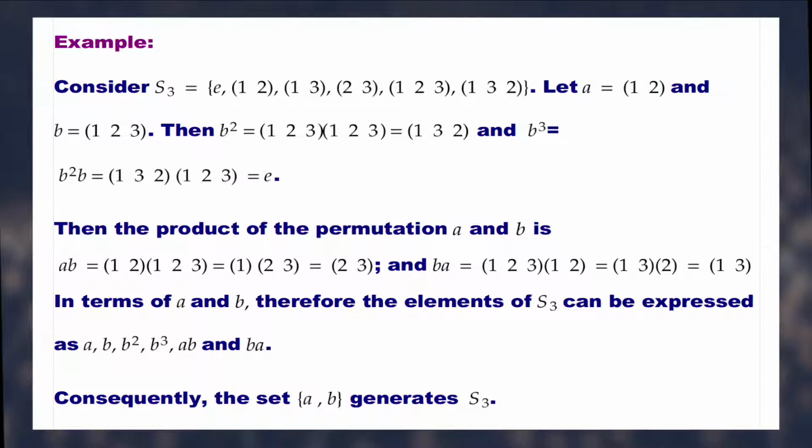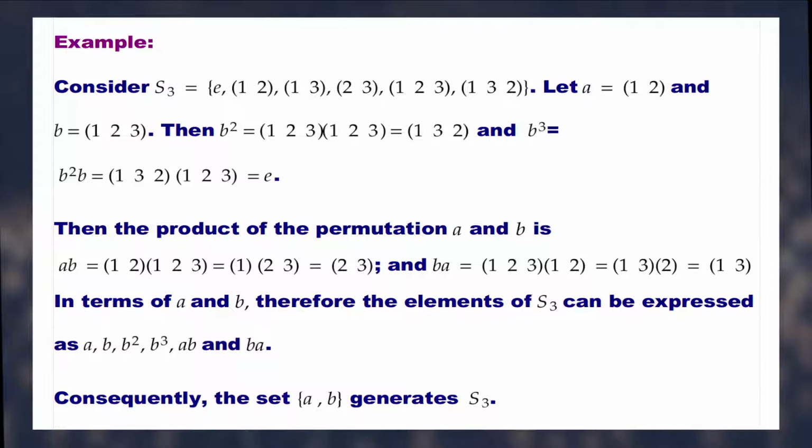Then the product of the permutations a and b, ab, is equal to (1 2) times (1 2 3), which is equal to (1)(2 3), which is equal to (2 3). Now we will find ba, equal to (1 2 3) times (1 2), which is equal to (1 3)(2), which is equal to (1 3).